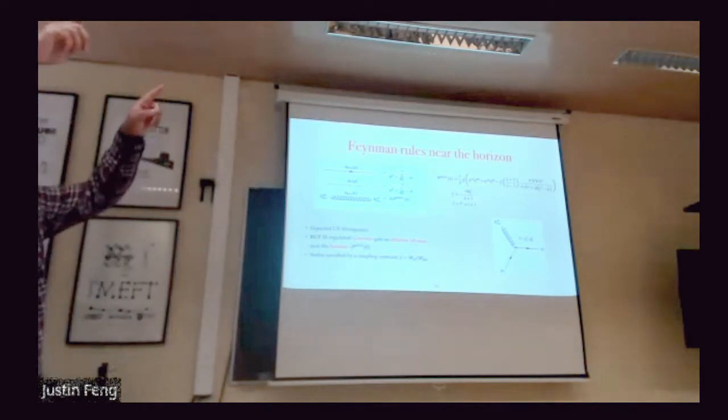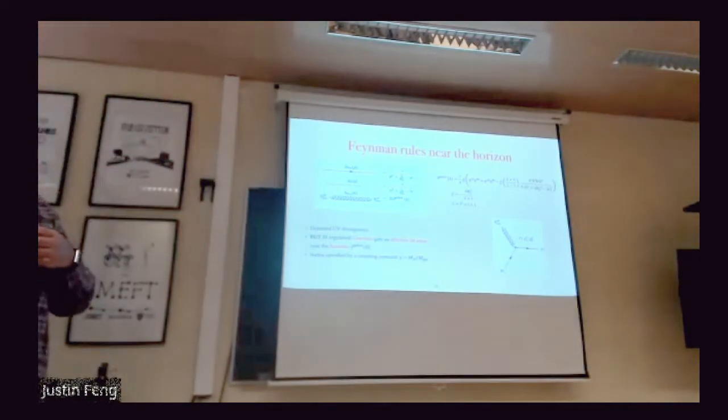If you trace this observer all the way back, it looks like the asymptote towards the horizon, but also infinity, and the same in the future in the conformal diagram. So that's roughly the observer that I'm thinking of. So there is a notion of infinity for the near horizon observer, and how you map these states to those states outside that are defined in your Fock space at infinity, that's a problem we haven't solved yet.